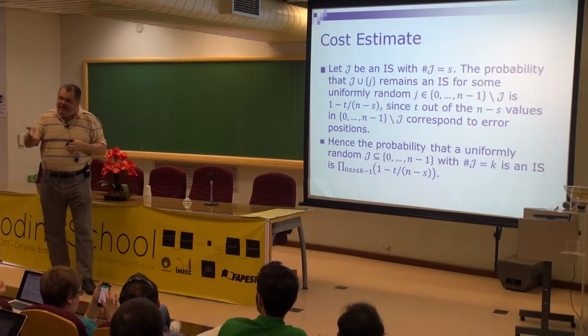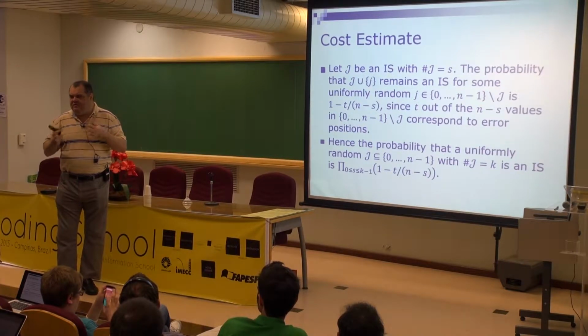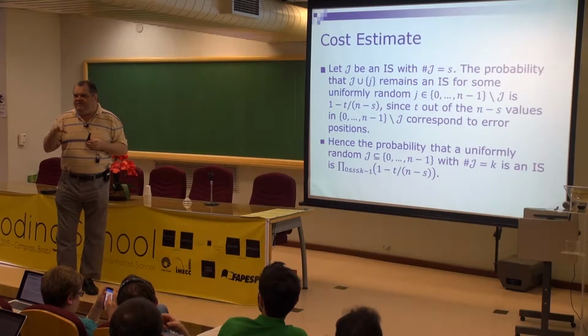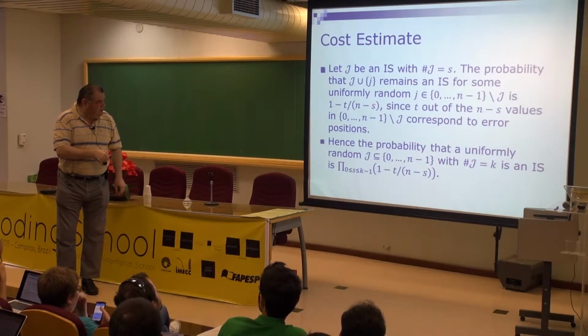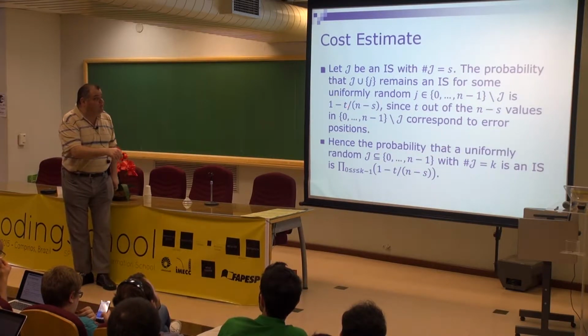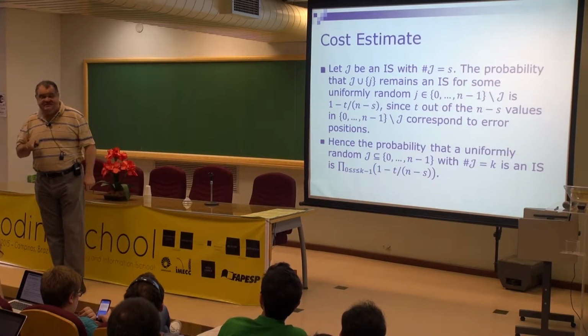There are t errors out of n positions overall. So the probability that one particular coordinate has an error is t over n. We have already removed s coordinates that constitute an information set, so all t errors remain on the available n minus s coordinates.